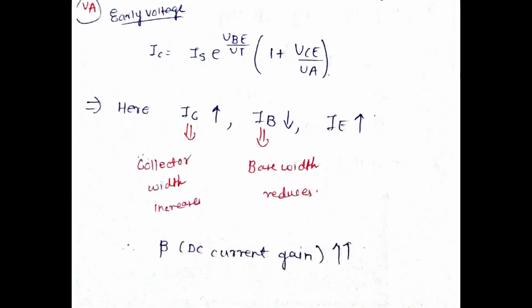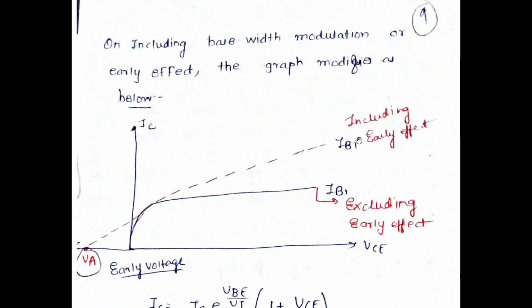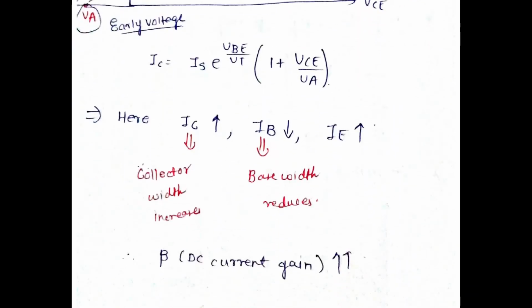So as I told you earlier, when you talk about the early effect, the collector width increases and the base width reduces. So the collector width increases, hence the collector current increases. The base width reduces, hence the base current reduces. Finally, the emitter current increases, which leads to increase in the DC current gain, that is beta.